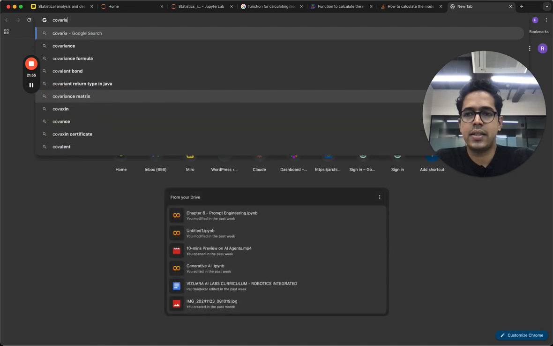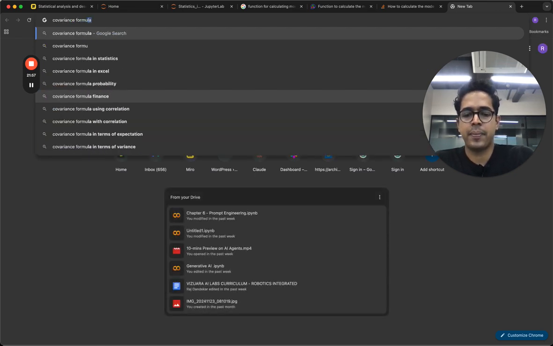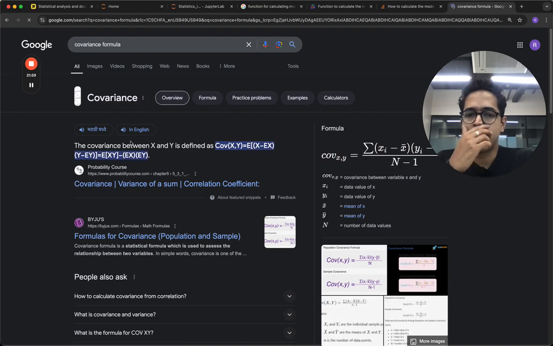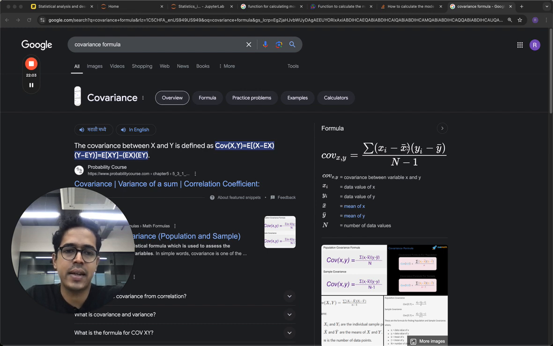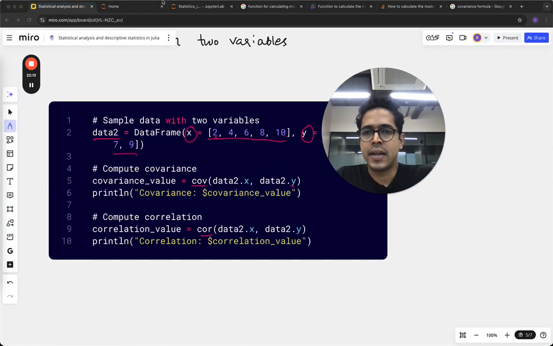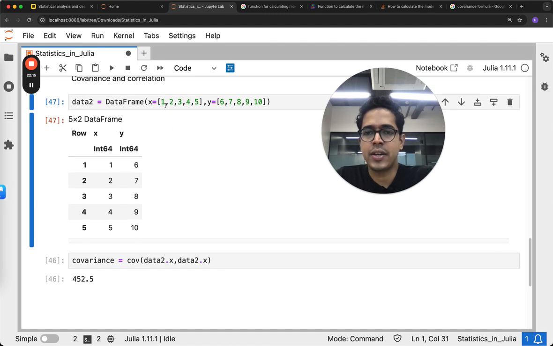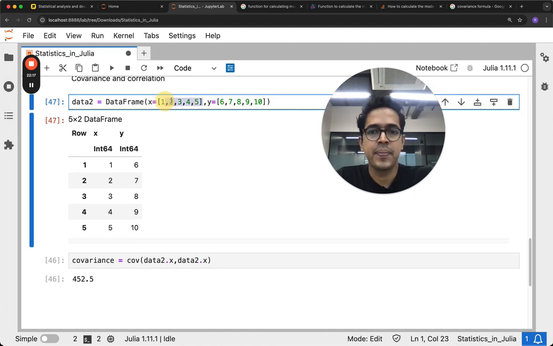So we can just have a look at the covariance formula just to get an idea. So basically this is how it is defined. So covariance is xi minus x bar, which is the mean of all the x values, and yi minus y bar, which is the mean of all y values. So in our particular case, the data set that we had used was 1, 2, 3, 4, 5. The mean of this is 3 and the mean of this is 8.